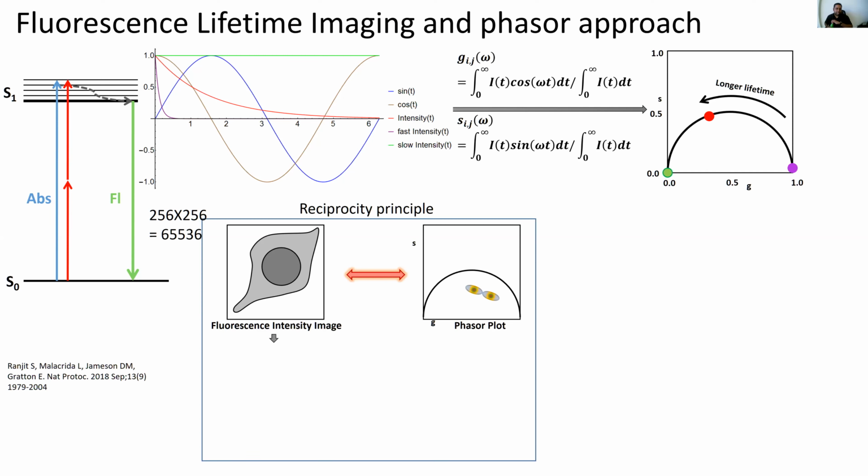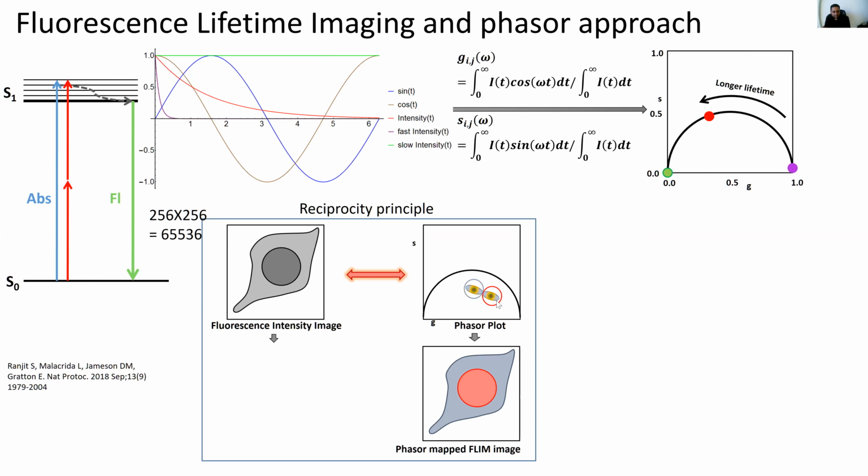Now, one of the biggest things about the phasor is the reciprocity principle. So what I mean by that is you have your fluorescence intensity image and you transform them to the phasor. Now, once you have transformed them, every point of this image gets transformed to a point in the phasor plot.